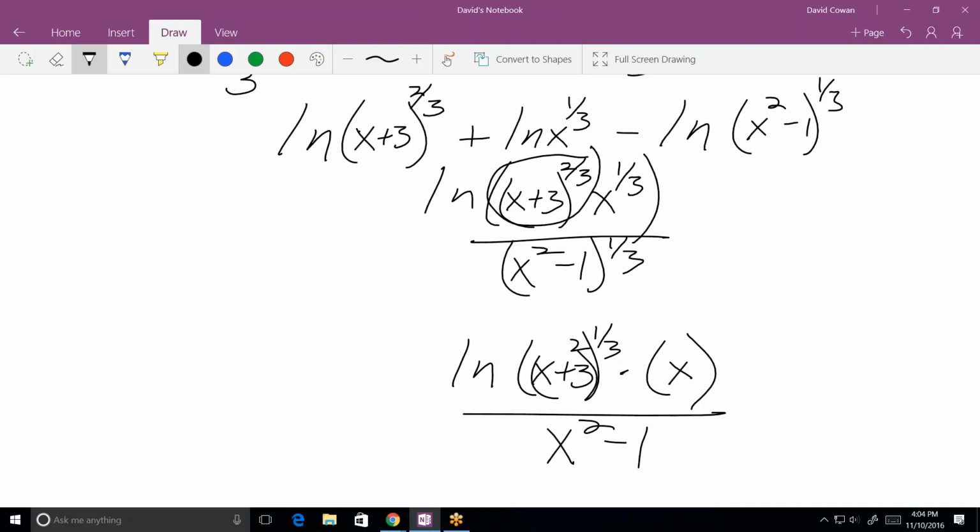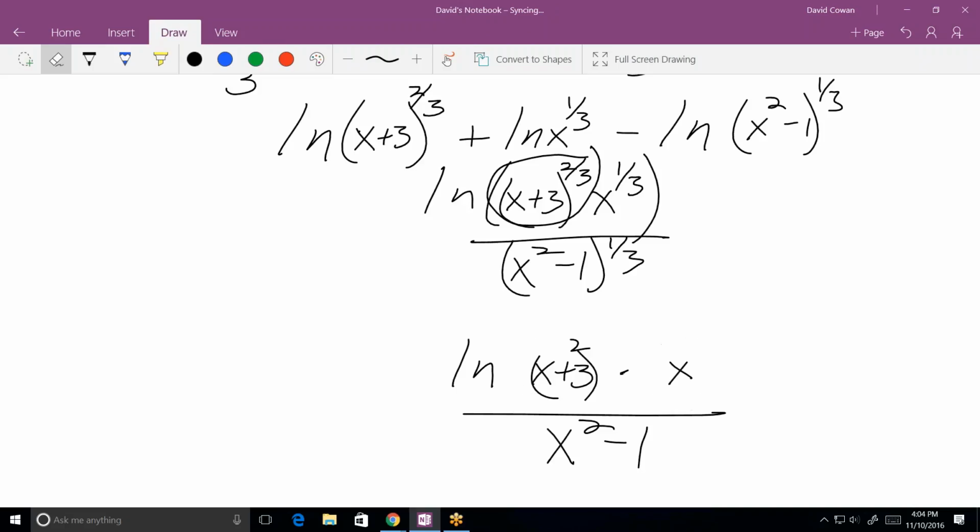So what happened to her 1/3? But she has everything under a cube root, not just x plus 3. Ah, that's what's going on. So she applied the cube root afterwards.